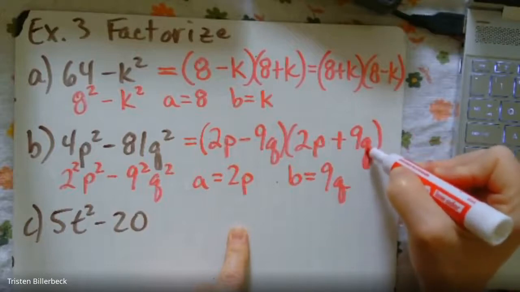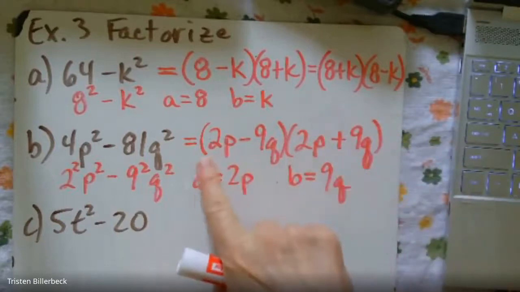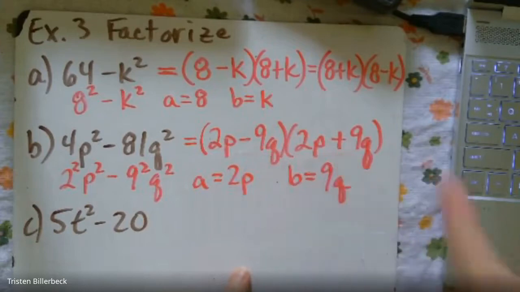And again, you could have written it as 2p plus 9q, 2p minus 9q. It's the same thing.